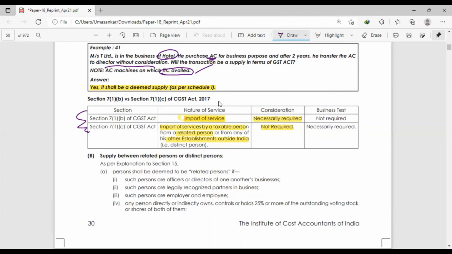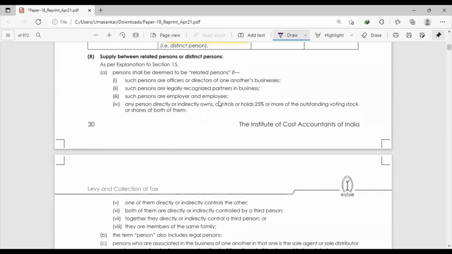Okay, next. Supply between related person and distinct person. As per section 15 of the IGST Act, who are the persons we call related persons?